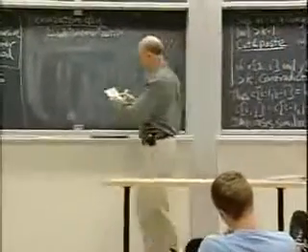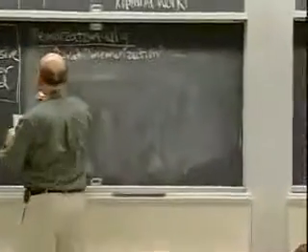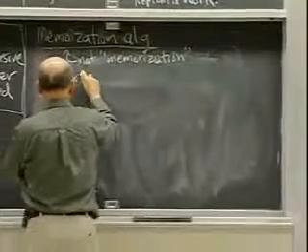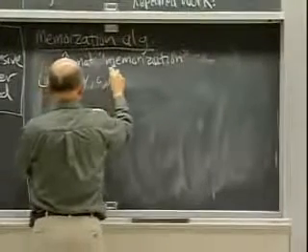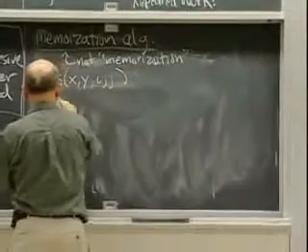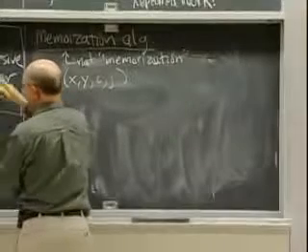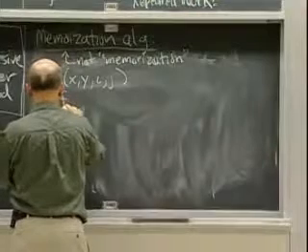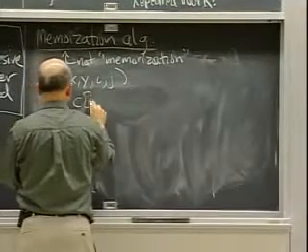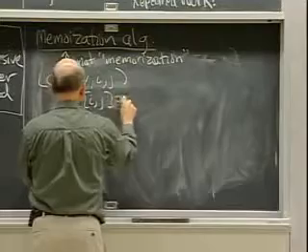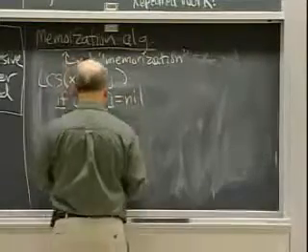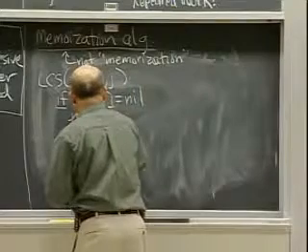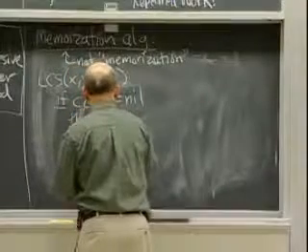Okay? So here's the code. It's very similar to that code. So it basically keeps a table around of c[i,j]. What we do is we check. If the entry for c[i,j] is nil, we haven't computed it, then we compute it. And how do we compute it? Just the same way we did before.